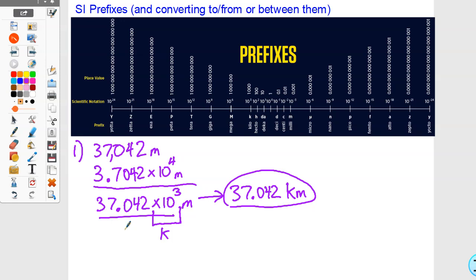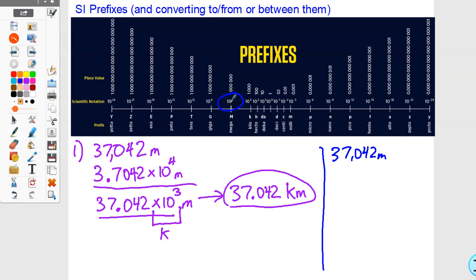So I did it in kilometers, but I could have done it in megameters. If it was megameters, let me show you what that would look like. 37,042 meters. And I want to use mega, which is 10 to the 6 right here. Well, mega is times 10 to the 6.